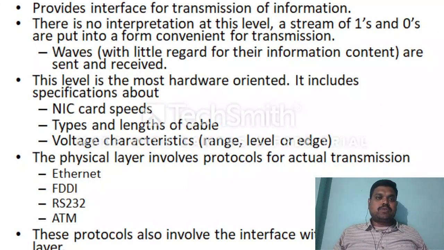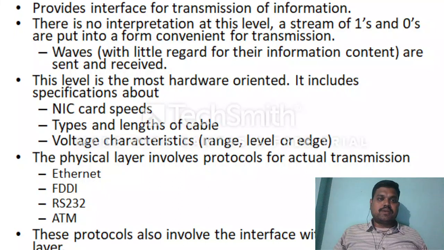The physical layer is the most important layer in computer communication, because it provides the actual interface for transmission of information. The physical layer will convert your data, or PDU, into a suitable format for transmission.